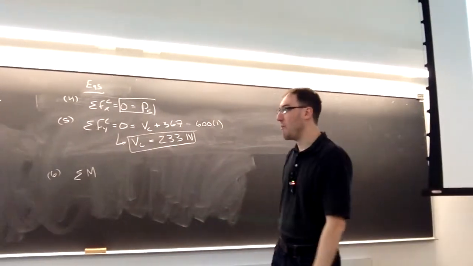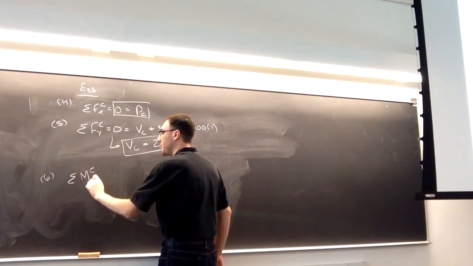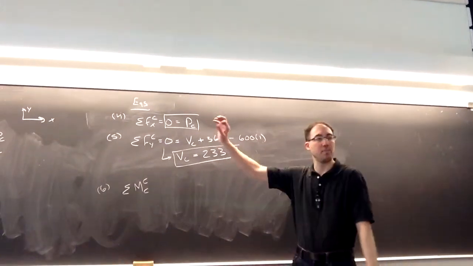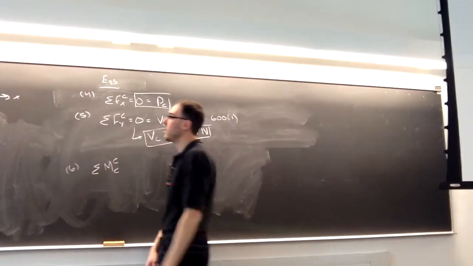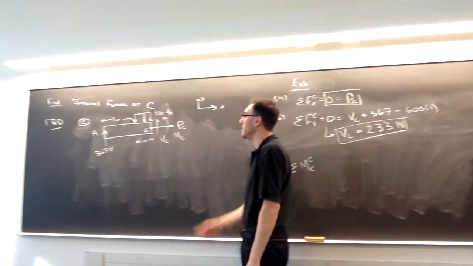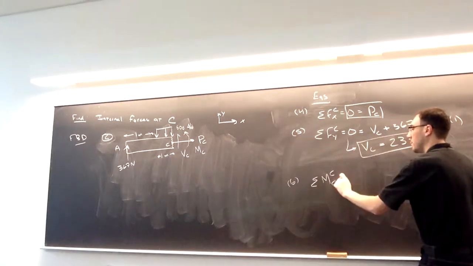Finally, we can take the sum of moments. Usually it's going to be easiest to take it at the point that we cut, because that way the internal loads do not affect it. We'll have that equal to 0.